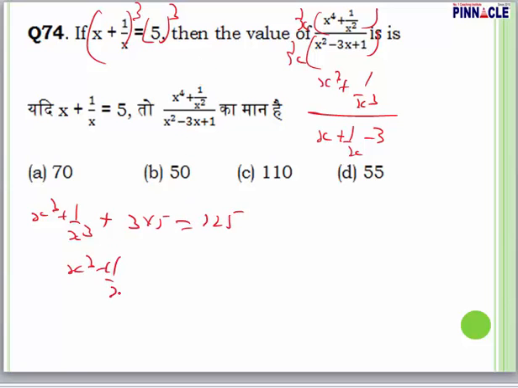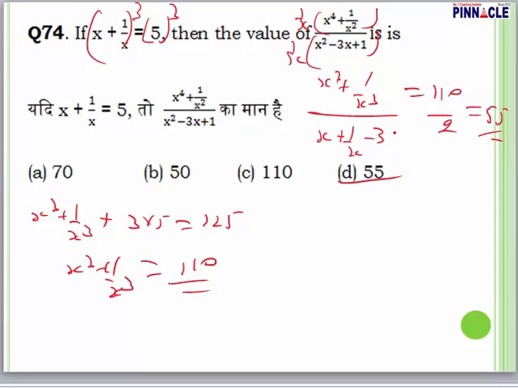So x^3 plus 1 by x^3 is equal to 125 minus 15, that is 110. So in place of this you can write 110, and in place of this x plus 1 by x is equal to 5 minus 3, that is 2. So 110 divided by 2, that is 55 should be the answer in this question.